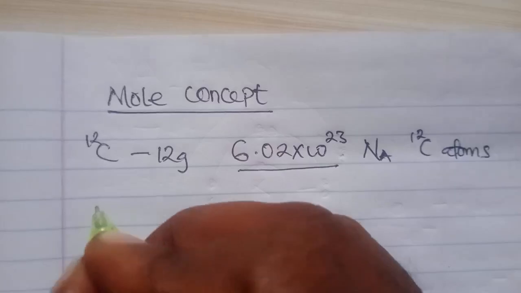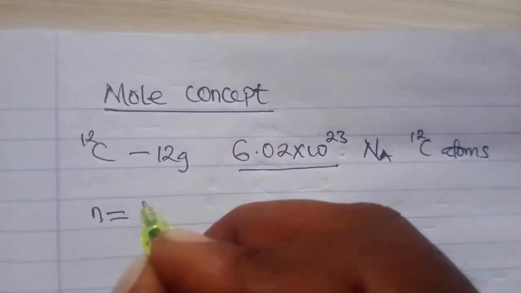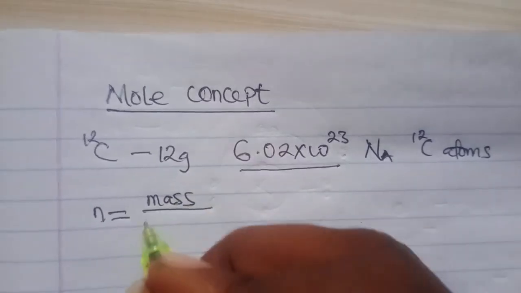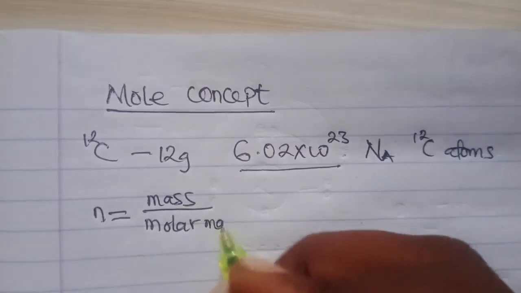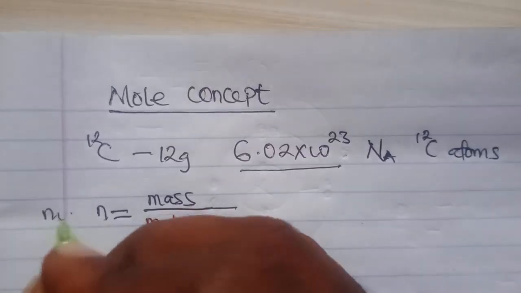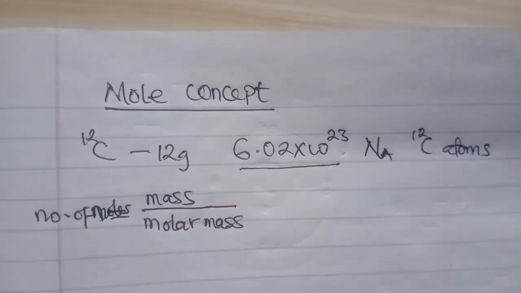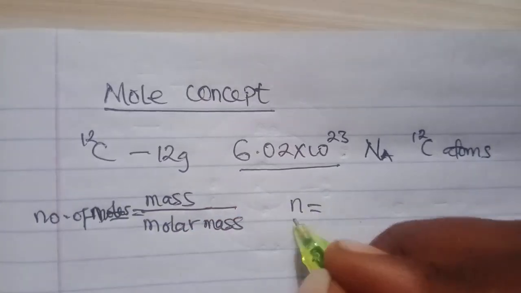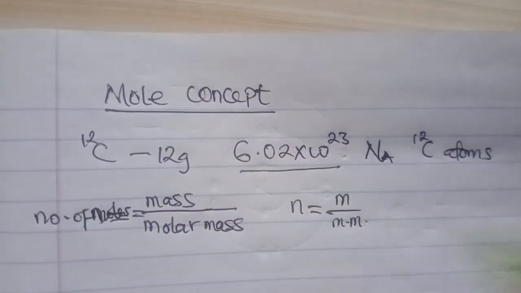And because of that, the number of moles, we use n to represent it, is given as the mass of that substance divided by its molar mass. So n is equal to mass over molar mass.